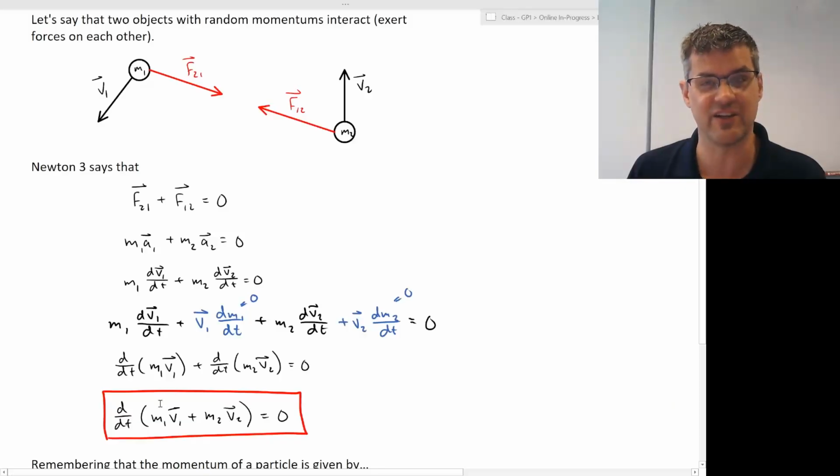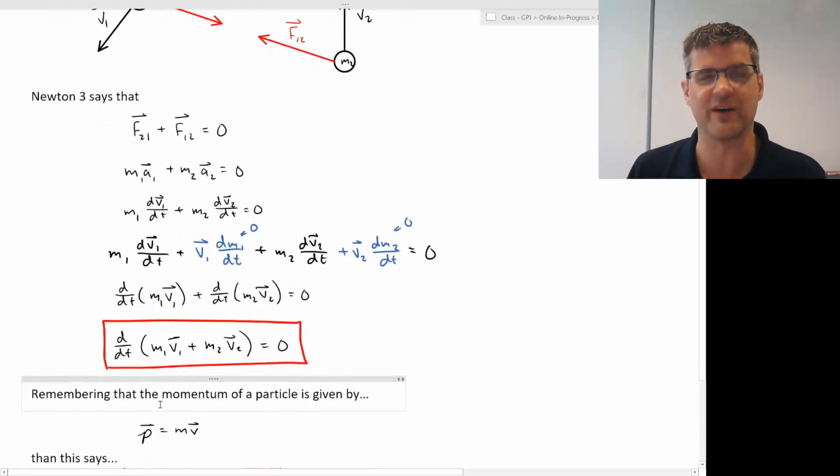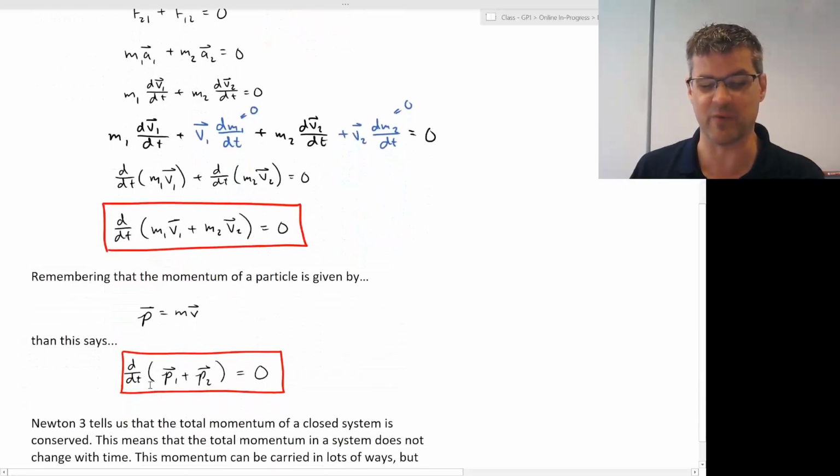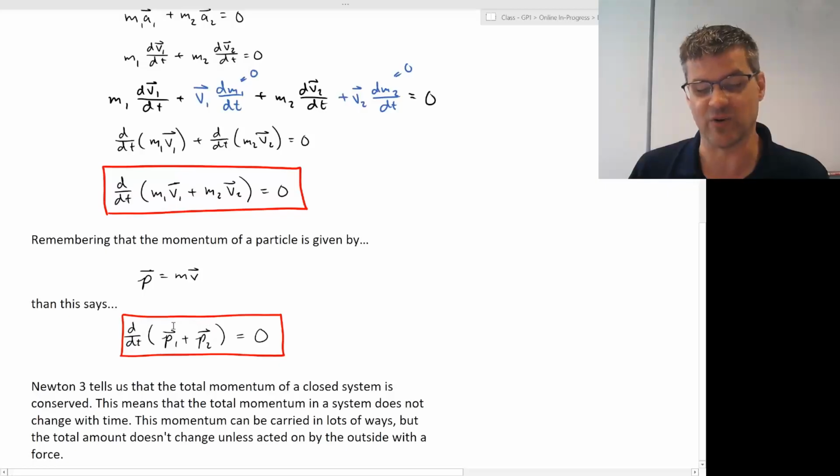It's not going to change unless you come up with some way to add or remove momentum from the system. So remember once again that the momentum, usually indicated by the letter P, is the mass times the velocity. What this means is that the total momentum of a system does not change as a function of time. Once you have momentum in a system, it is a constant.